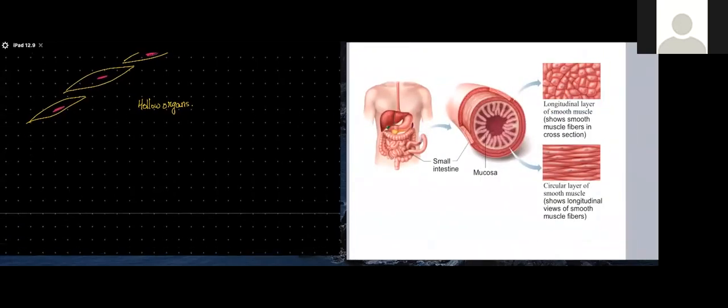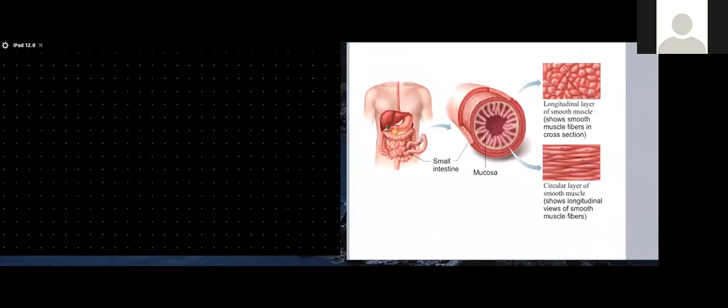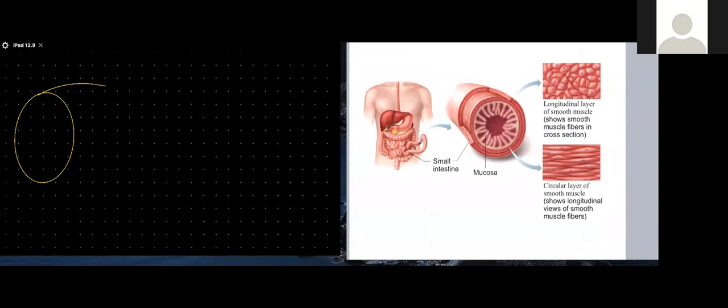The general rule for the arrangement of the smooth muscles in the hollow organs, if I'm dealing with a tube, and this is going to be the case in most of the organs where you're going to have smooth muscles, you're going to have two layers of smooth muscle cells, an outer longitudinal muscle layer and an inner circular muscle layer.